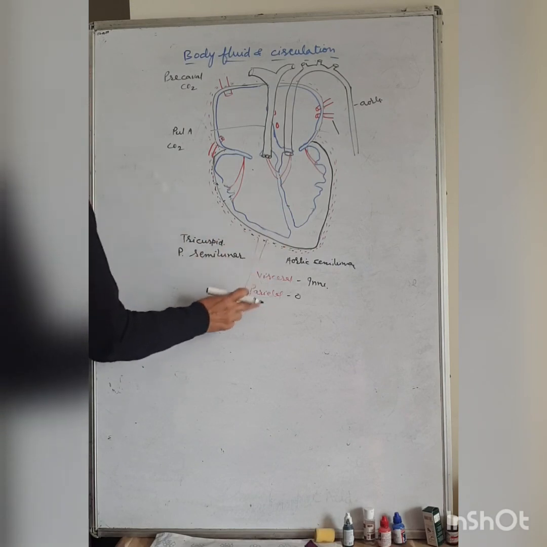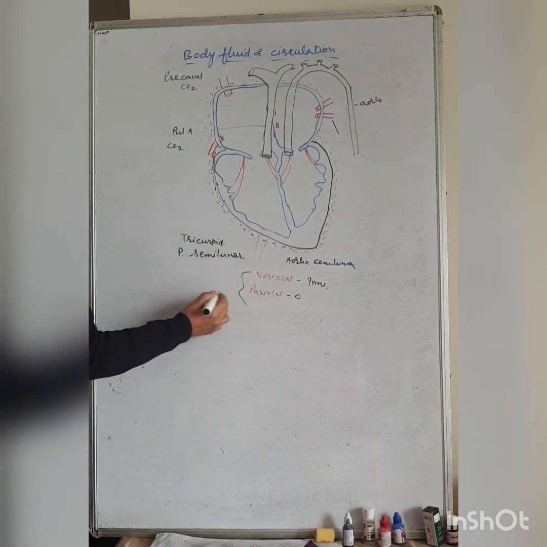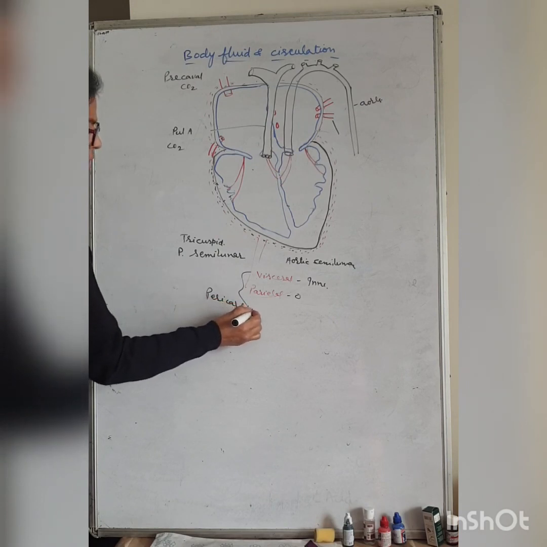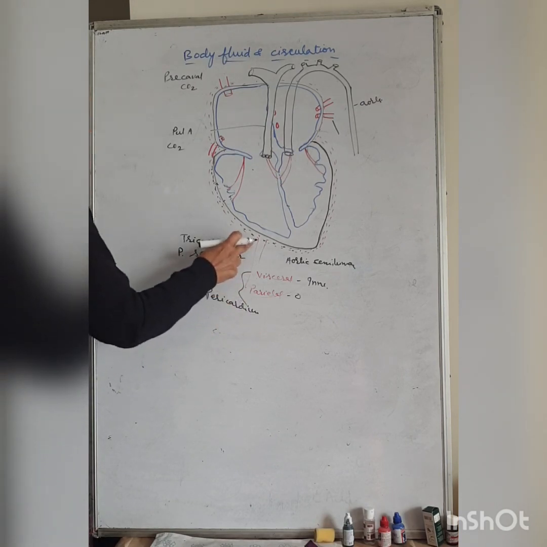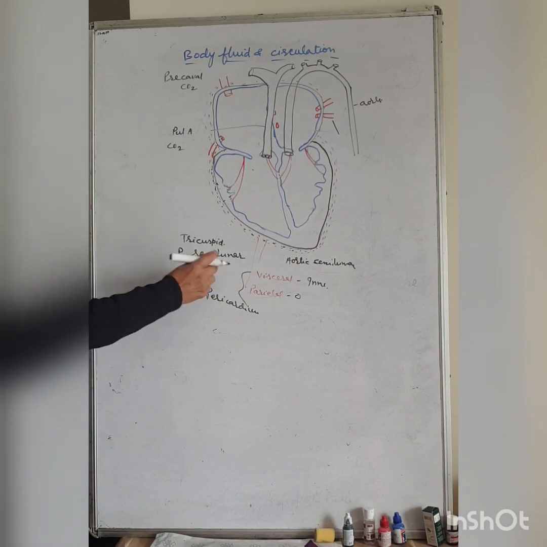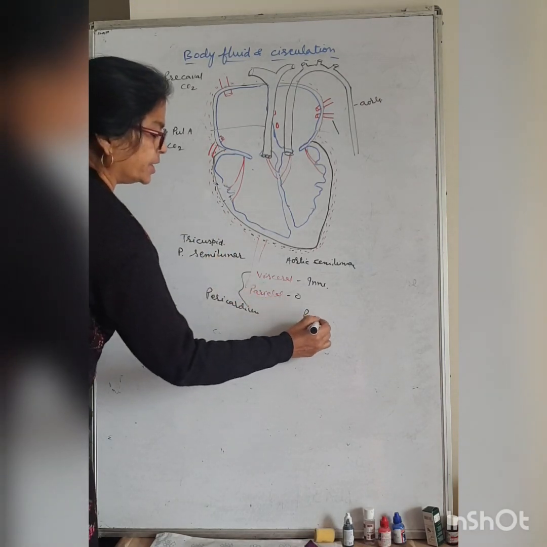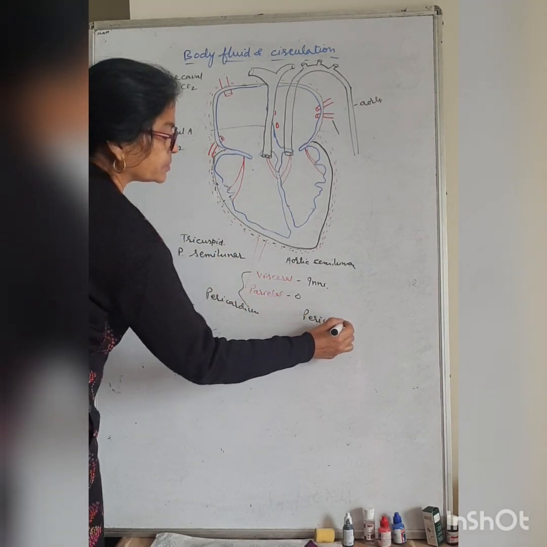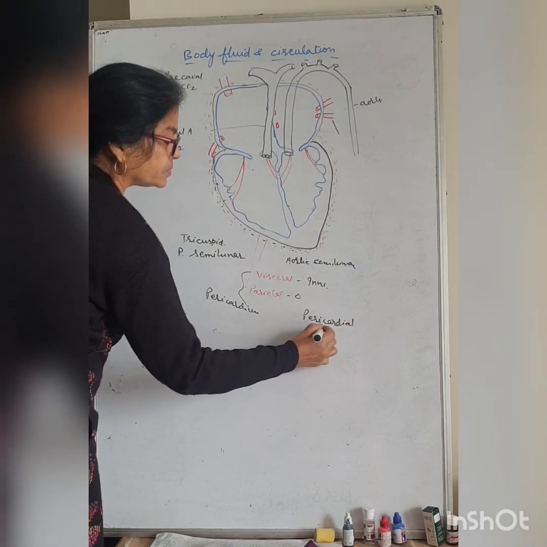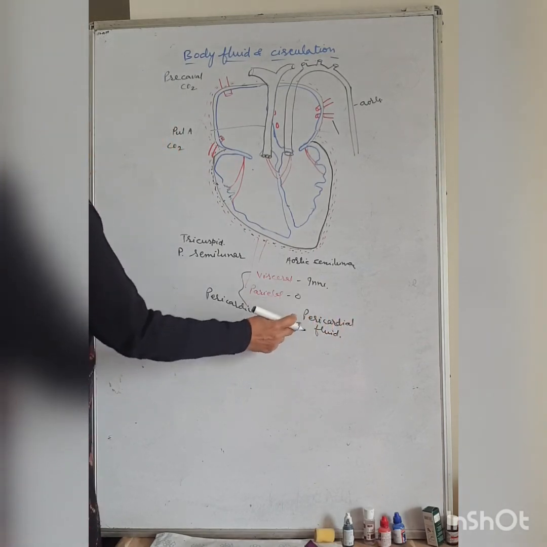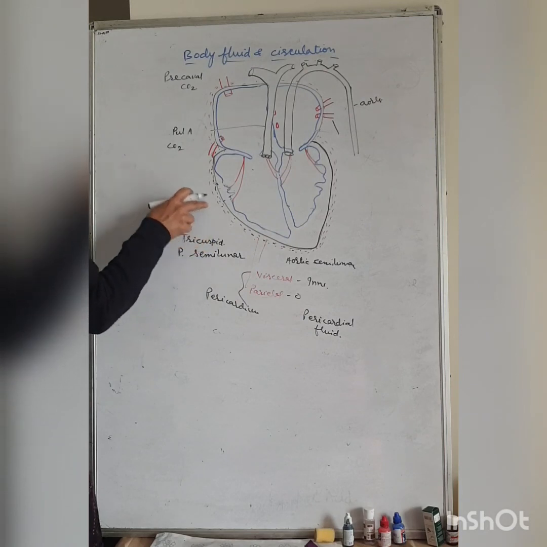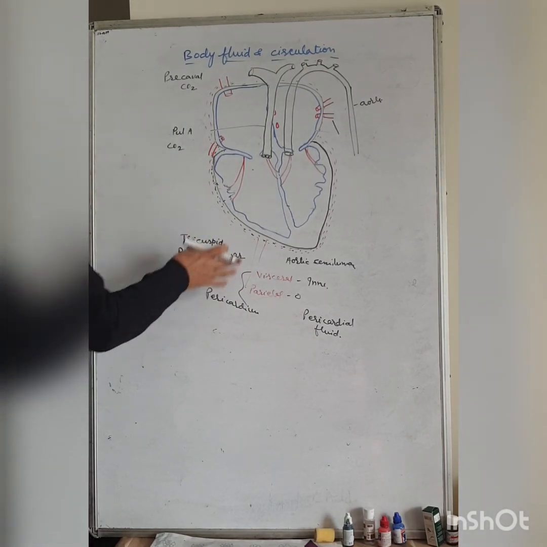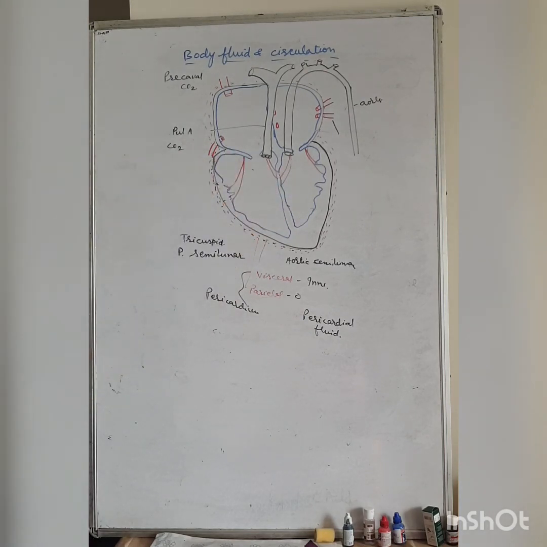Together they form the wall of the pericardium. The pericardial fluid prevents friction. Now we discuss the blood flow in the heart, lungs, and body organs.